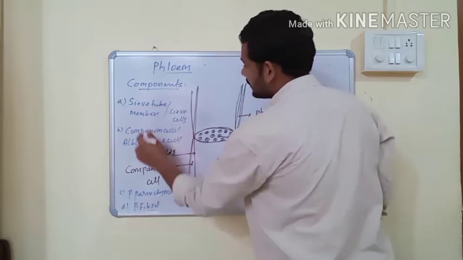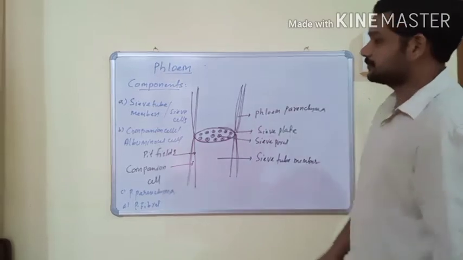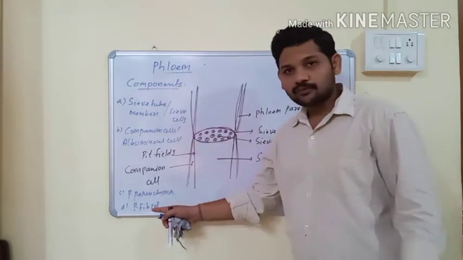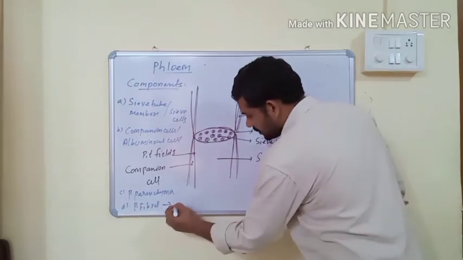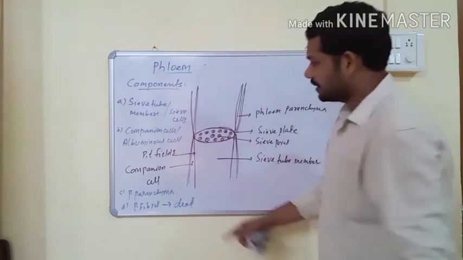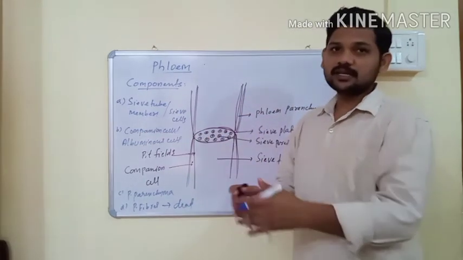So these are the four components of phloem. Out of the four components, phloem fiber is the only dead component, and the remaining three components are living components.